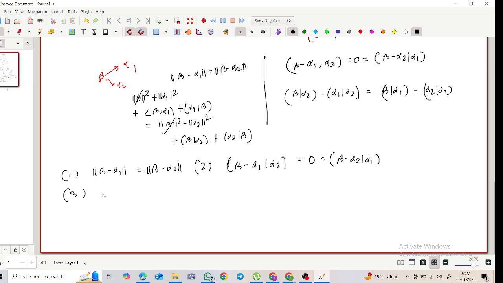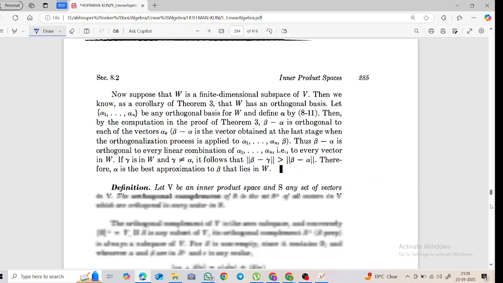The next is this. Beta minus alpha i inner product alpha 1 minus alpha 2 is also 0. Okay. I want to use this to show alpha 1 equals alpha 2. Okay. That is, norm of alpha 1 minus alpha 2 is 0. Okay. So try to show this. By these three equations you can show that. Huh? I'm in a hurry to complete this section today.